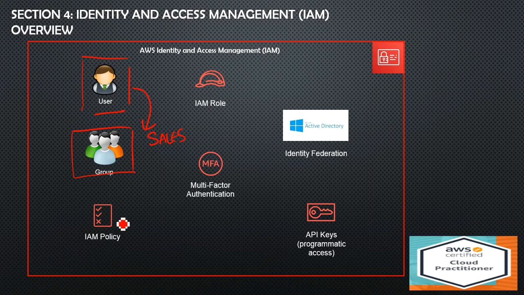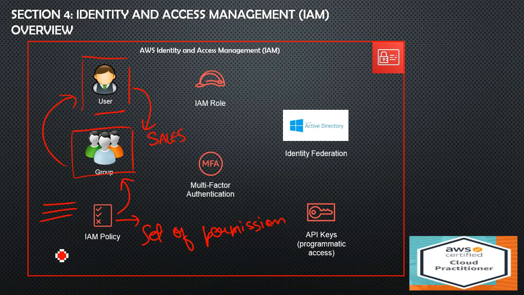And then there is policy. Policy is a set of rules, a set of permissions. When you specify these permissions in a policy and attach it to this group, it automatically gets attached to this user, and this user is able to do certain things that are permitted in this policy. So these are the components: users, groups, IAM policy, and then you have IAM role.